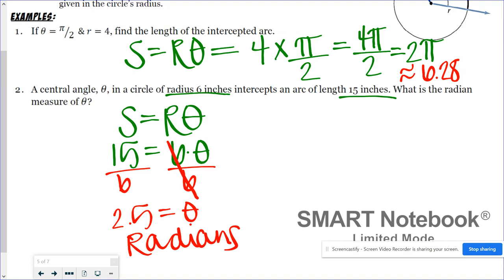So just because the pi isn't there doesn't mean my answer isn't in terms of radians anymore. It's just that they've already multiplied by pi. Pi is not required for it to be in radians, especially in a word problem like number 2 here. So I don't want you to get hung up on that. Got it?